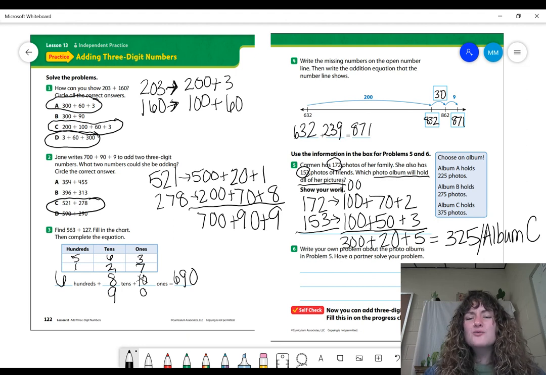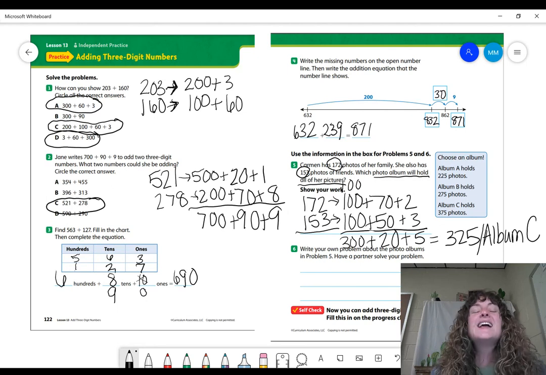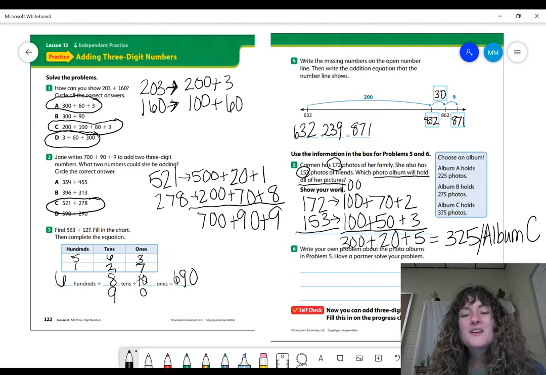All right, it says write your own problem about the photo albums in problem 5. Have a partner solve your problem. All right, Smarties. Now, here is your challenge. Now, if you are one of my second grade Smarties, I want you to come up with your own problem for number 6. So use your imagination.